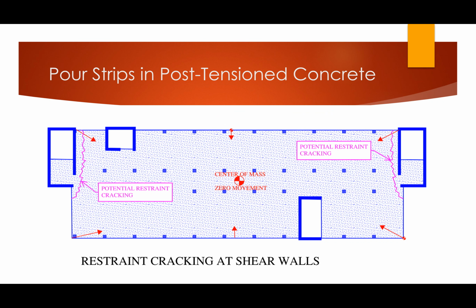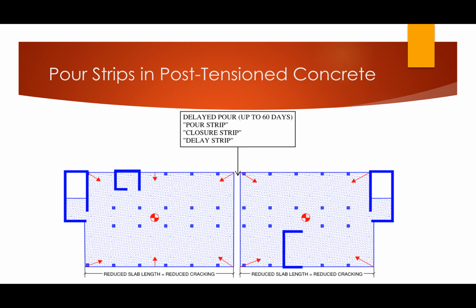Now, the pour strip at the end of the day is really just a way of mitigating this cracking phenomenon that is likely to occur. And so this now is an illustration of the same building, but with a pour strip introduced. So here you can see the slab is broken up into two separate pieces with this central piece left out.